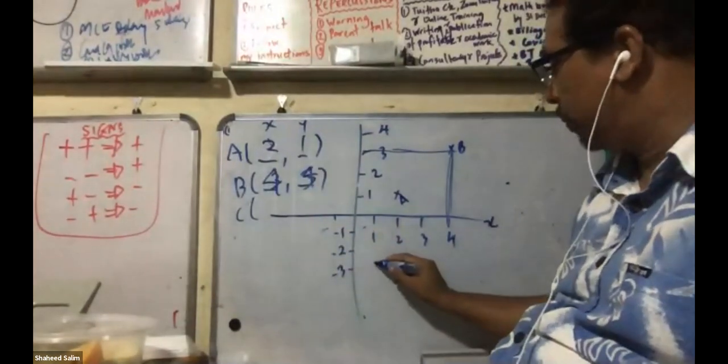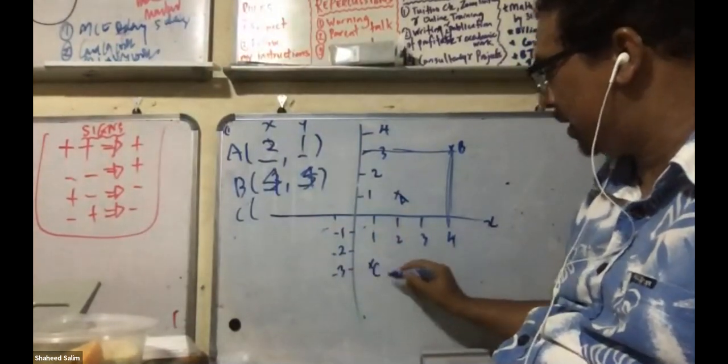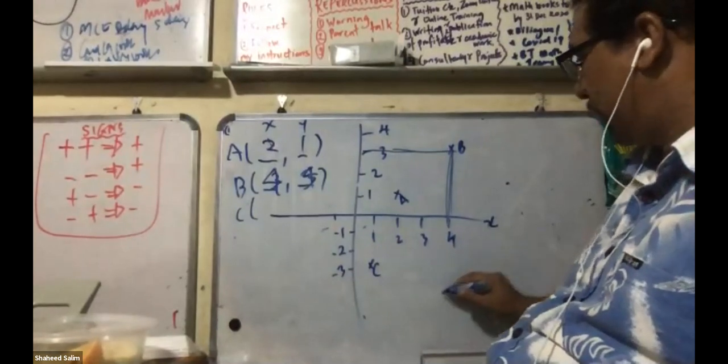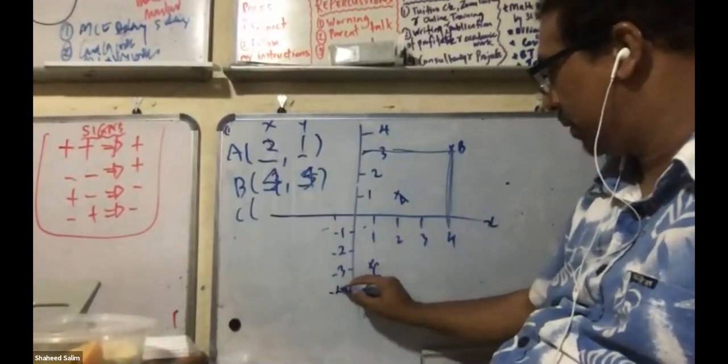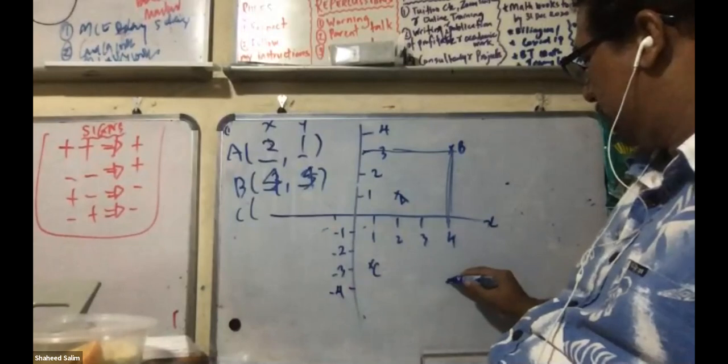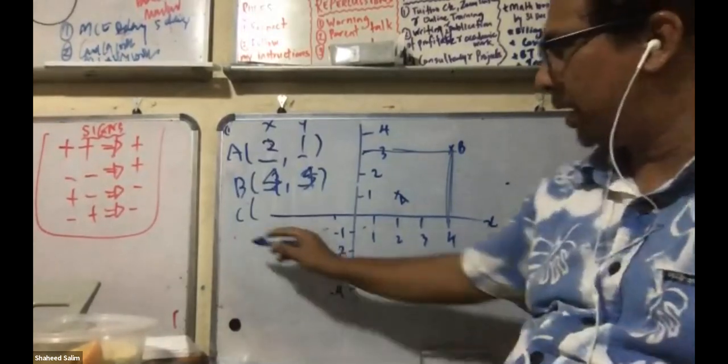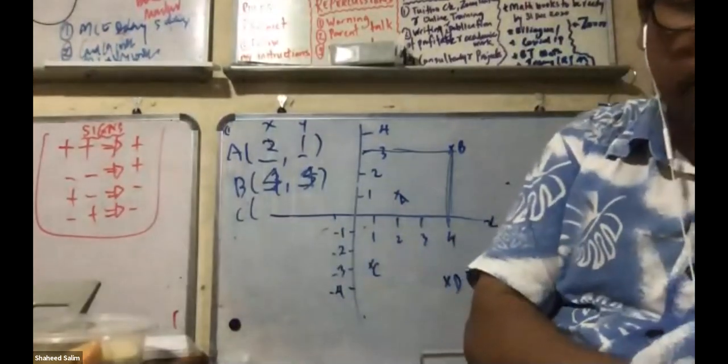Okay, now I put point C. This is C. I put point D. Can you please write down the coordinates for C and D also?